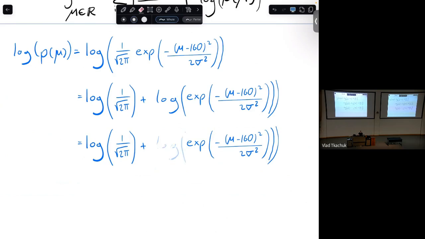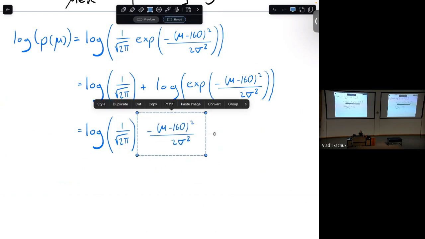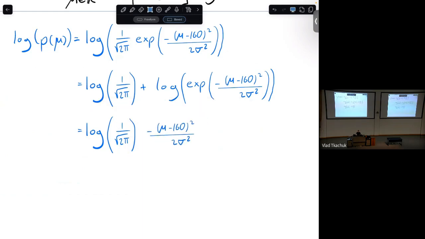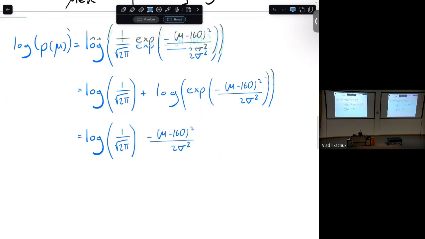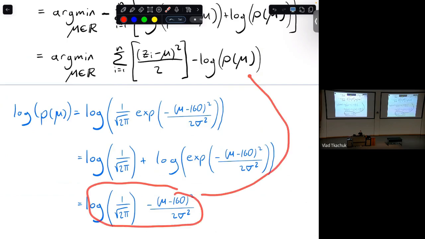So the log cancels with the exponential, and we are just left with this. Okay, and all we were doing was just expanding out this quantity. This was the only new thing compared to maximum likelihood. And now that we've expanded it out, I'm just going to plug it in to there.